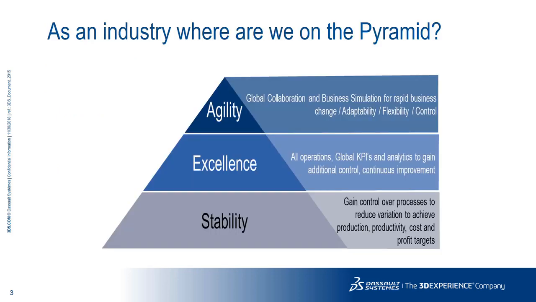So before we get into looking at the Stope Optimizer, I'd like to present this question. As an industry, where are we on this pyramid in terms of stability, excellence, and agility? Where would you put your company, project, or even yourself on that triangle?